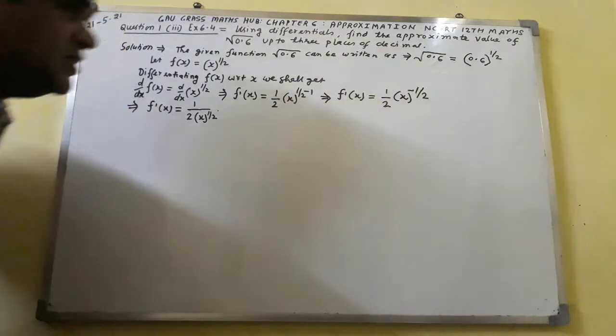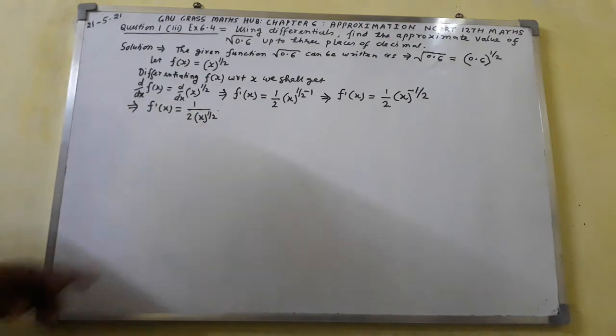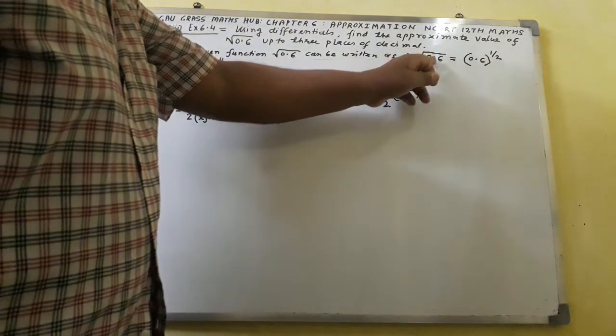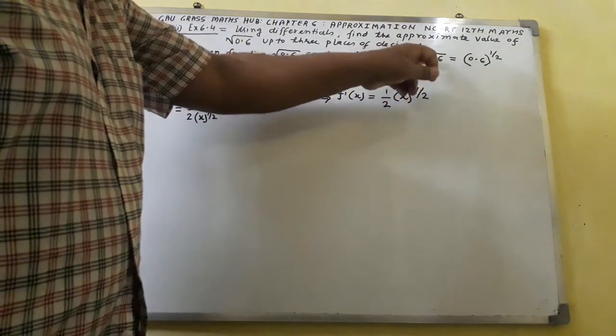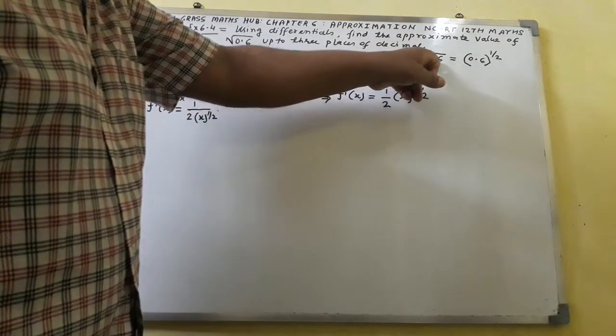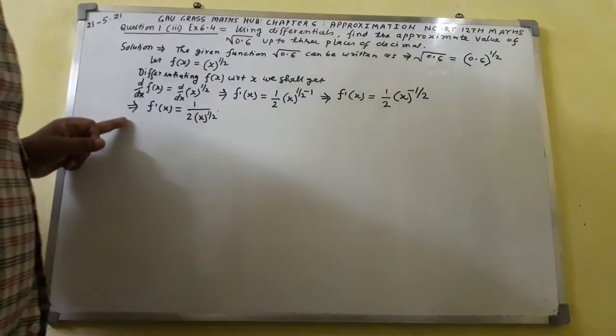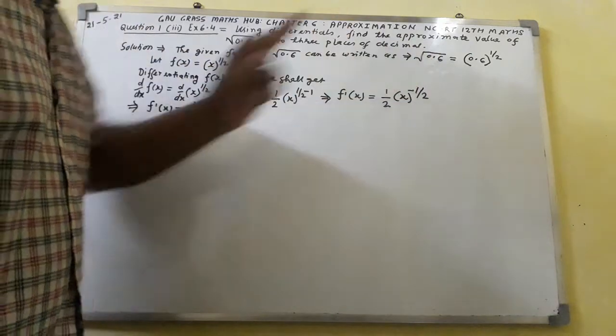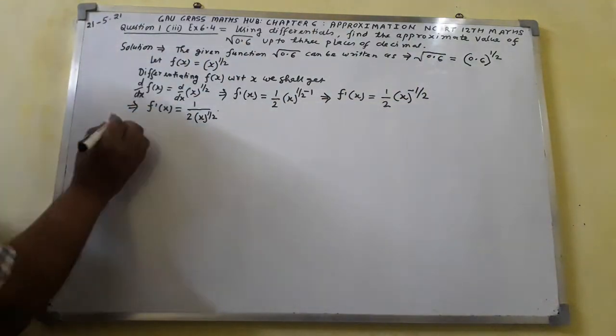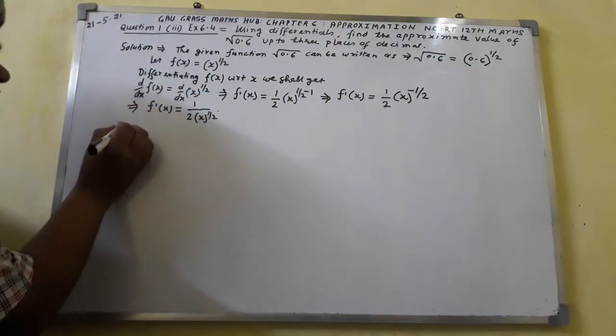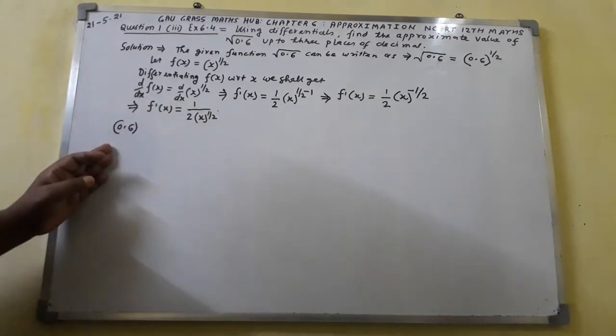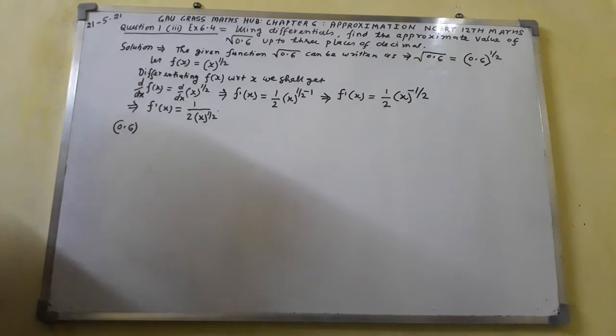Now next point I shall discuss here. Here you can see 0.6. I shall take the core value 0.6. I shall reflect 0.6 at this place. So here I shall write 0.6. Now this 0.6 will be reflected into two parts.